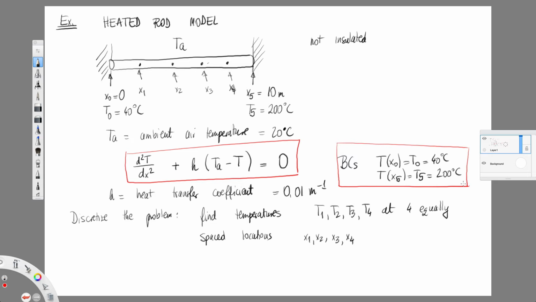Now you know already that if I'm looking at this point T1, at this location x1, I can approximate dT/dx, the derivative of this function, since my temperature is a function of x, as T of x2 minus T of x0 divided by x2 minus x0. Is everybody following what I'm doing? So this is an approximation of a derivative, of a slope.